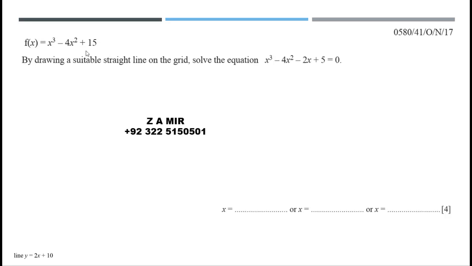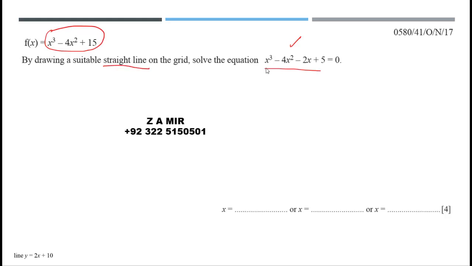f(x) is a cubic equation. By drawing a suitable straight line on the grid, solve this equation. So we have to solve this equation by the graphical method. Basically the solution of this cubic equation will be the point of intersection of this graph and another straight line.